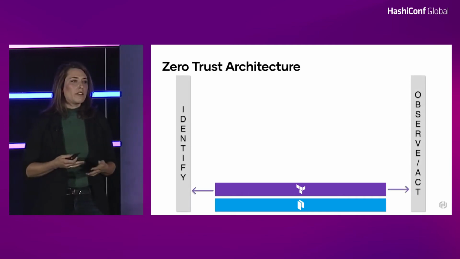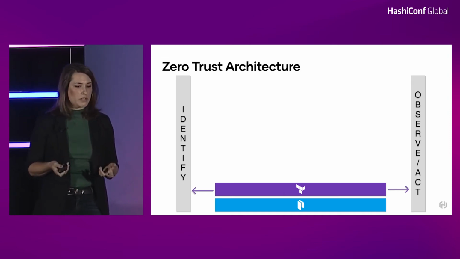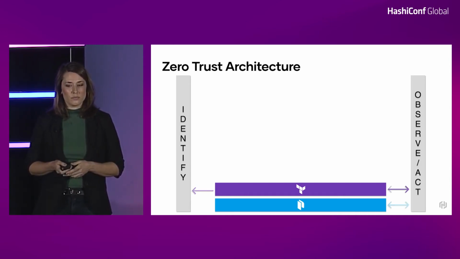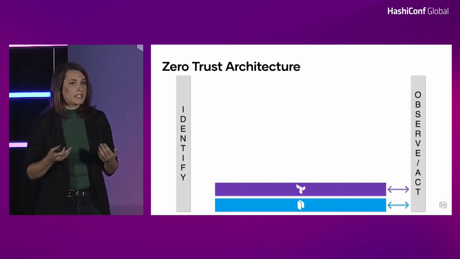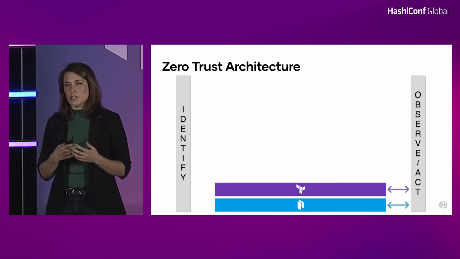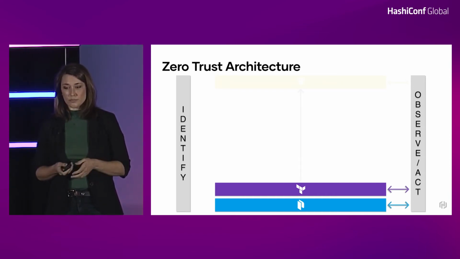Now, just like everything else in our stack, they have to adhere to these principles of zero trust. They need to have an identity, and they need to be observable. And that goes for Packer as well. That means that if there's a CVE I need to be able to react to that and understand exactly where those images might lie within that golden workflow.